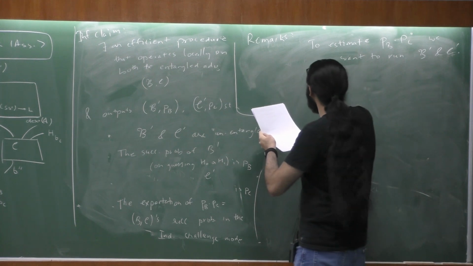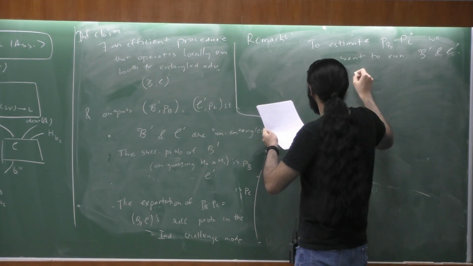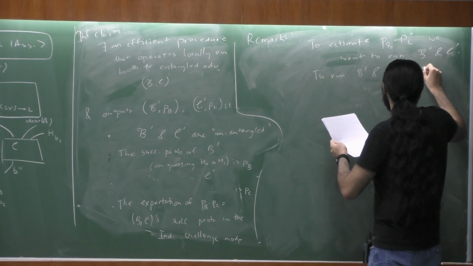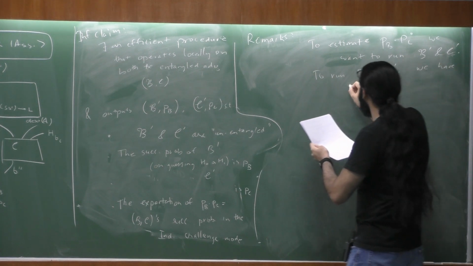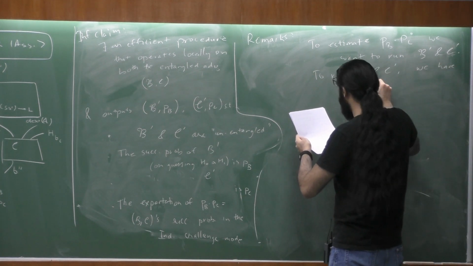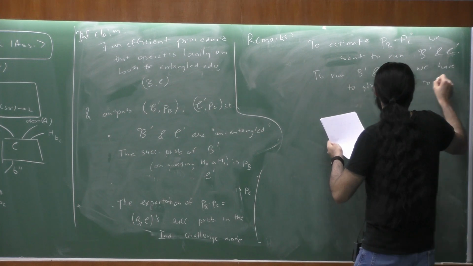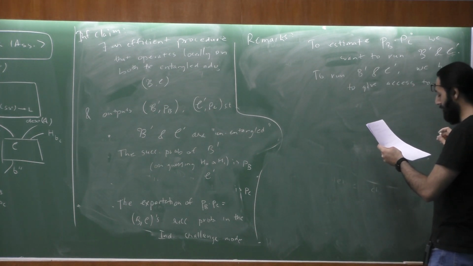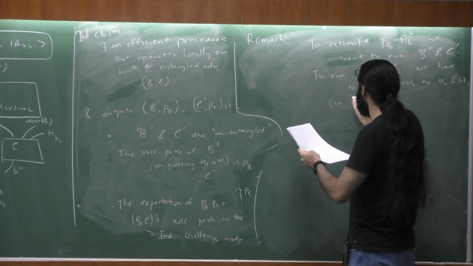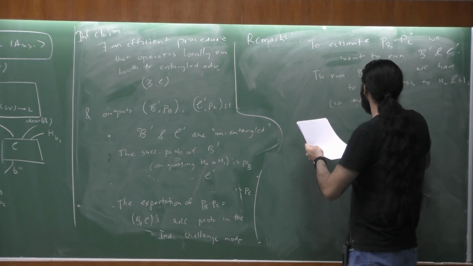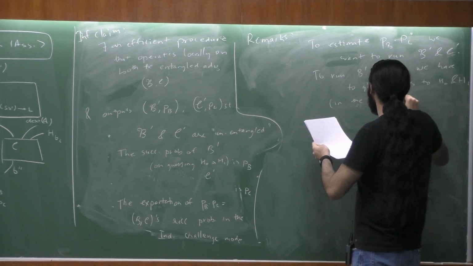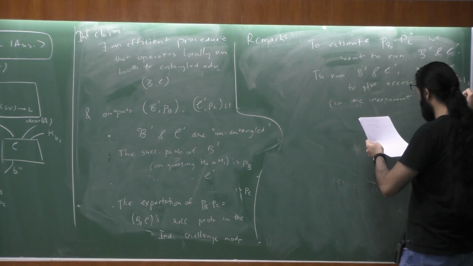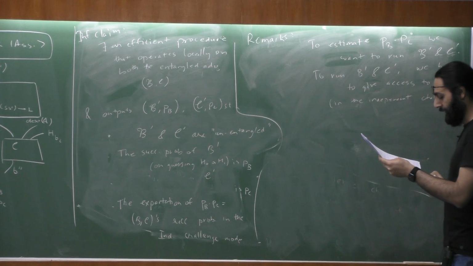Okay, but to run B prime and C prime, we have to give access to H0 and H1, right? Which is in the independent challenge mode.